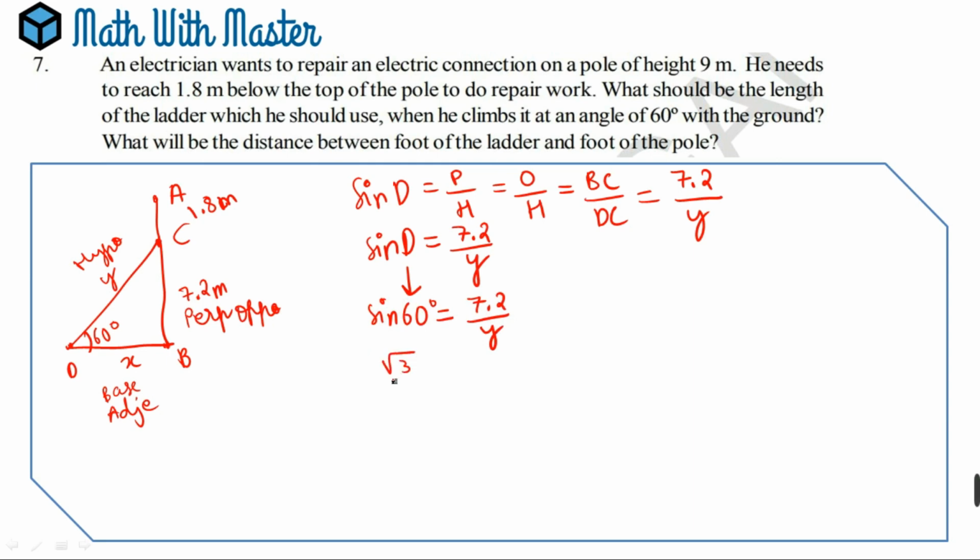It is root 3 by 2, which is equals to 7.2 upon Y. So by cross multiplying, root 3 y is equals to 14.4 and y is equals to 14.4 upon root 3. This should be the length of ladder.